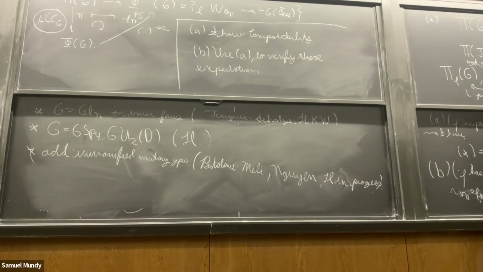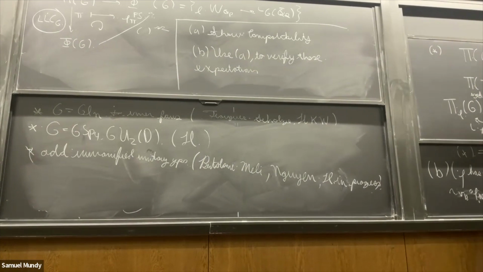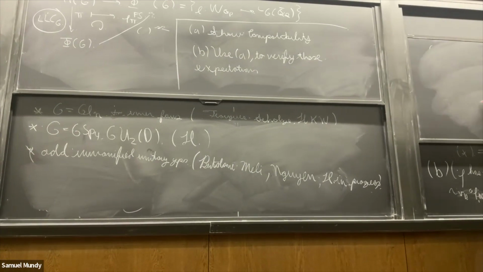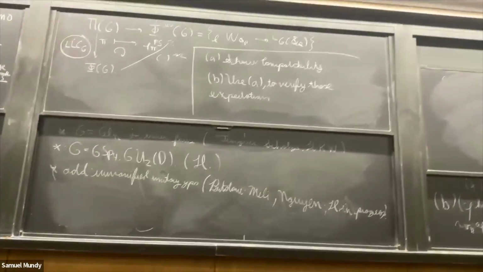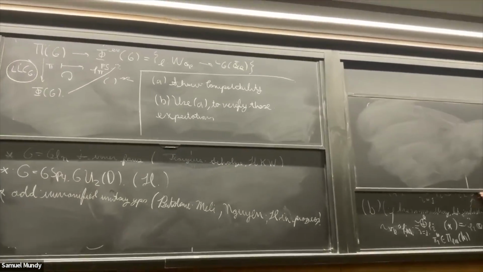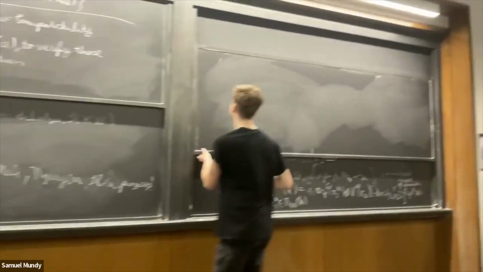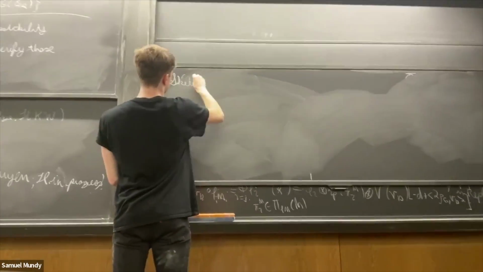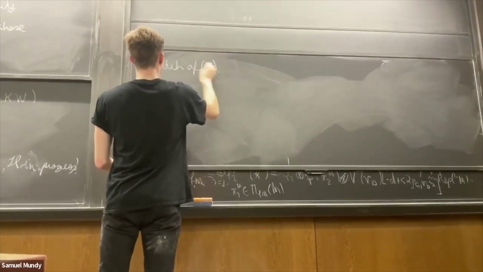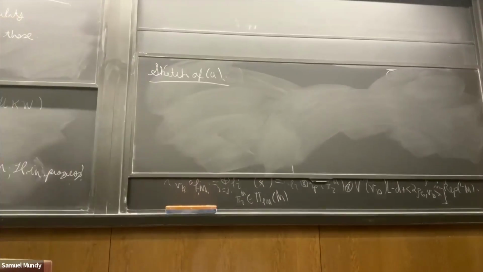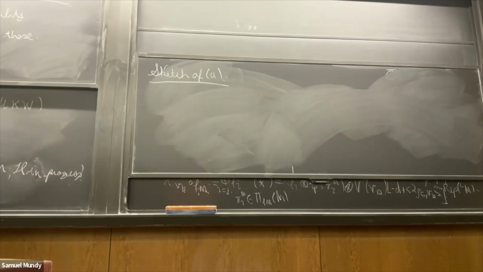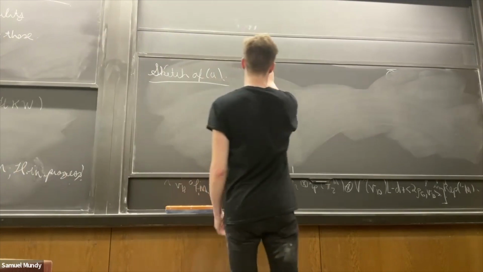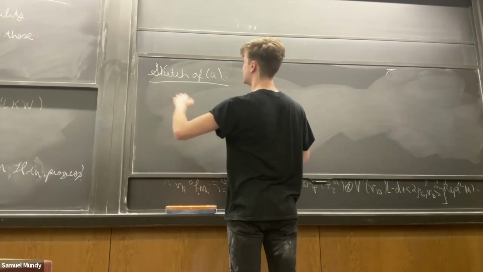All right, so let me give you some insight into how we prove these kinds of things. Sketch of A. GL_n is in some sense too easy, so I'm going to do the case GSp_4. What's the datum I'm going to take?